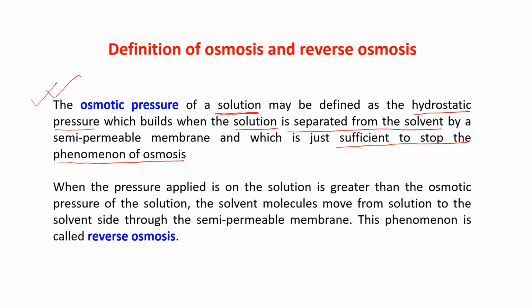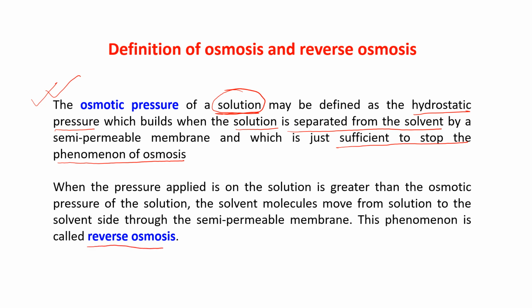So it is said, children please concentrate, the osmotic pressure of a solution may be defined as that much hydrostatic pressure which builds when the solution is separated from the solvent by a semi-permeable membrane, which is just sufficient to stop the process of osmosis. So no more osmosis will take place. That particular hydrostatic pressure is known as the osmotic pressure of the solution. I hope I am clear.